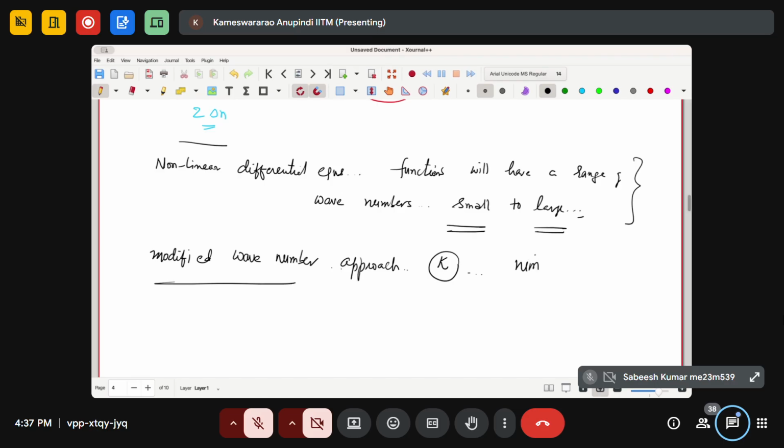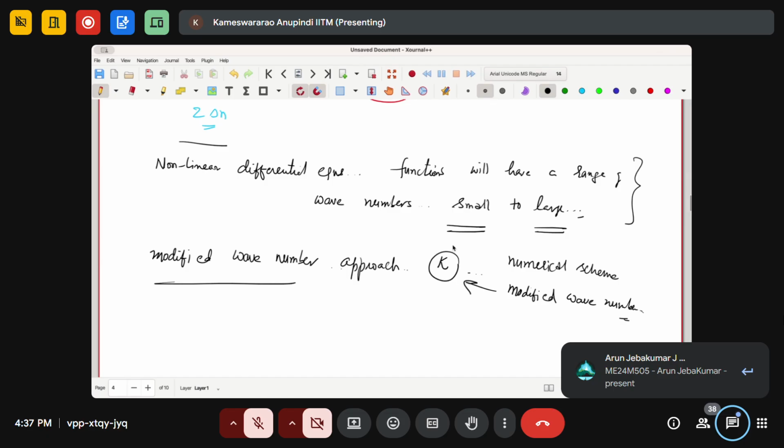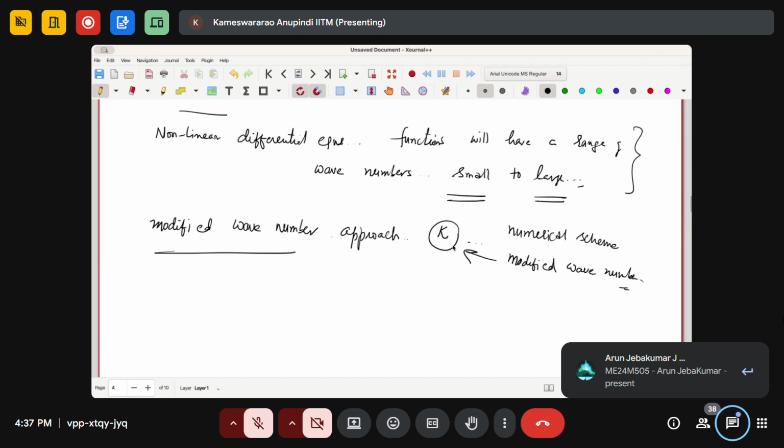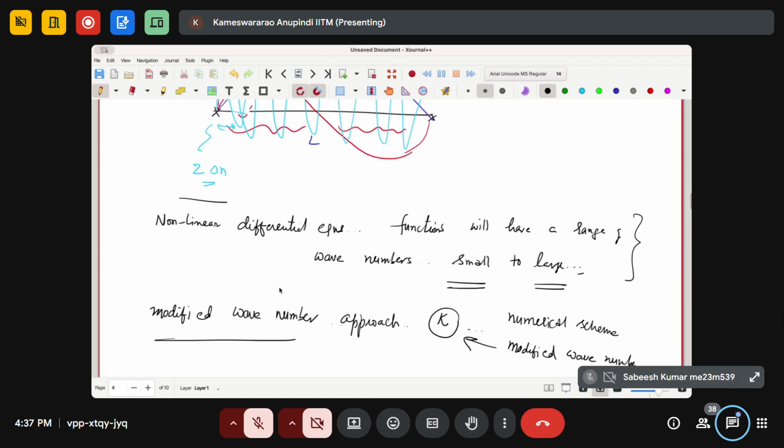As we apply a particular derivative, what is the modified wave number that we're going to get? Is it going to be the same as k, or different from k? If it is different, then it is not good, because it's not going to capture the derivative correctly.